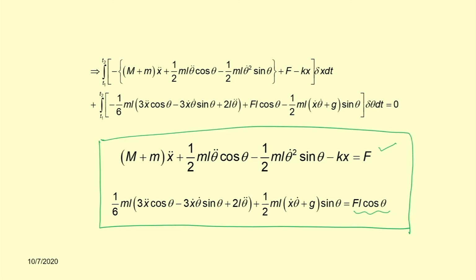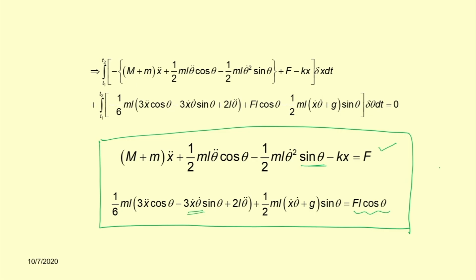In this case you can further expand the equation of motion. The sin theta and cos theta terms, and also a combination of x dot and theta dot terms, by expanding the sin theta, cos theta and taking note of the higher order terms.